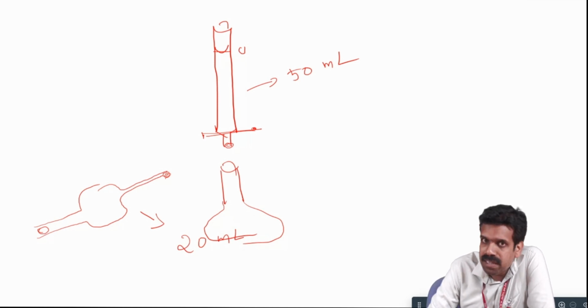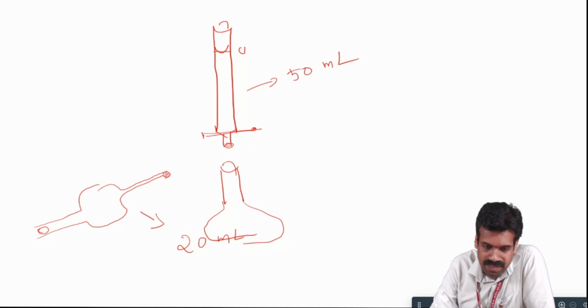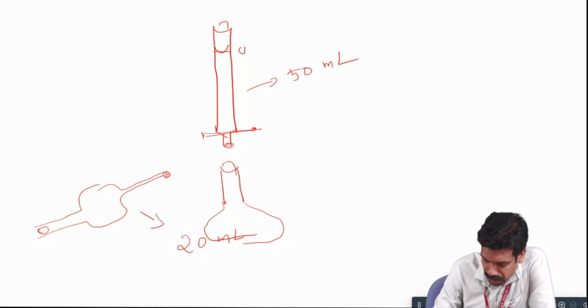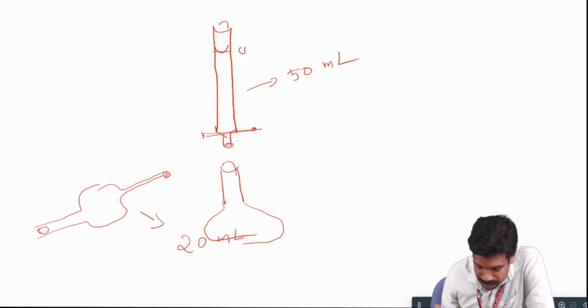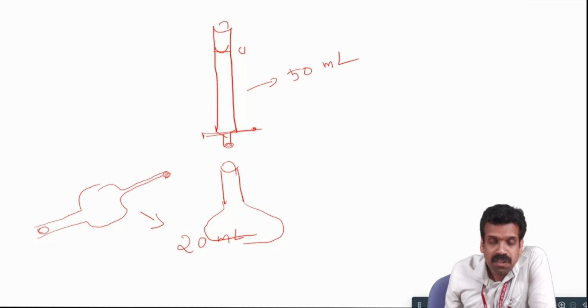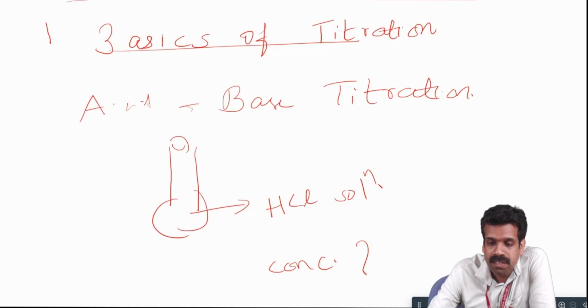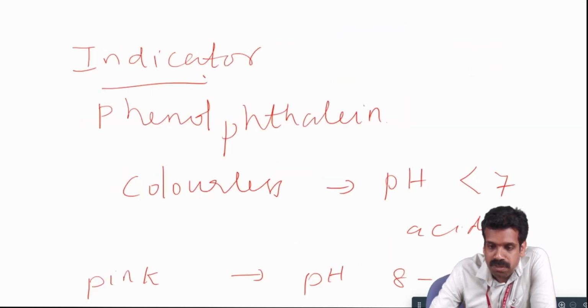So how do we use them, and which chemical will we take in which apparatus? That is what I am going to do next. In the previous slide, I told you I have given you the analyte sample, which is the HCl solution, given in an SMF. This solution you have to prepare.